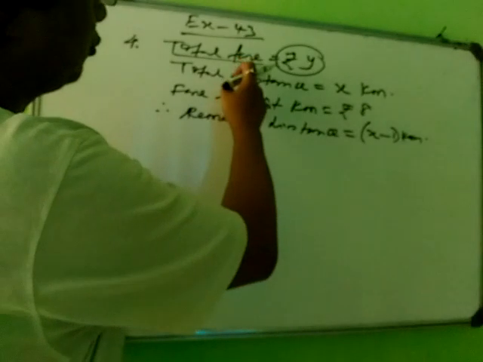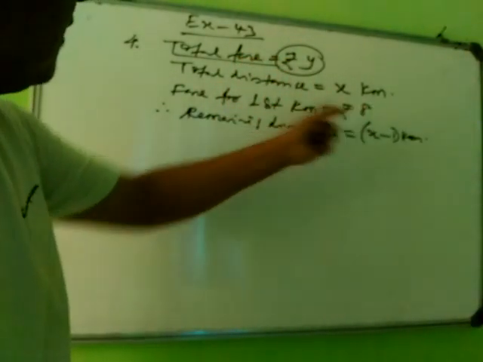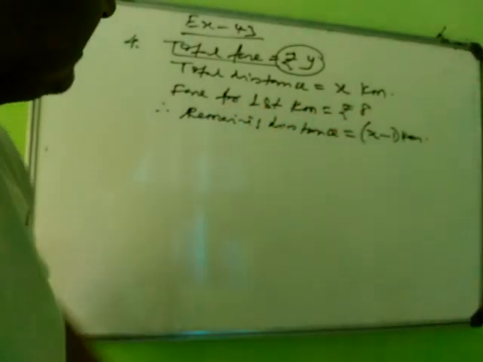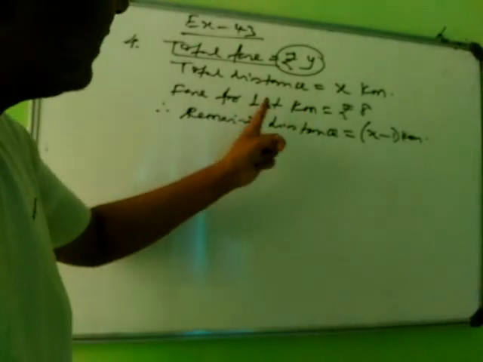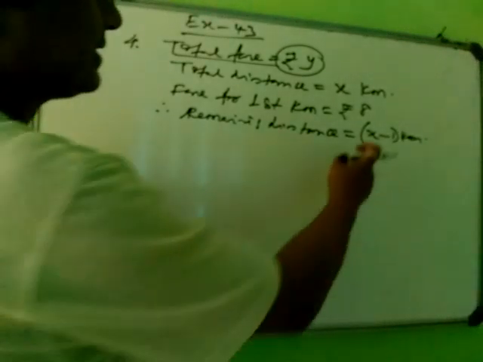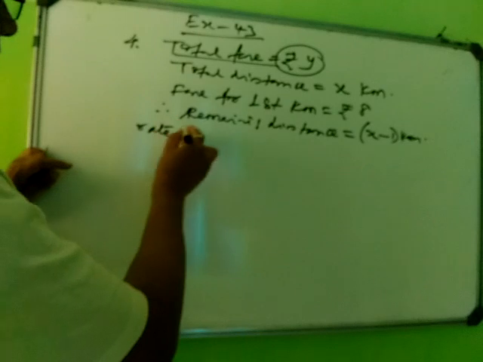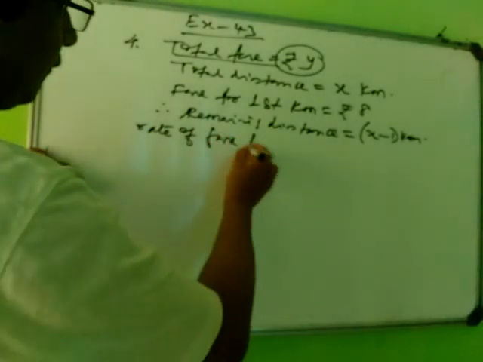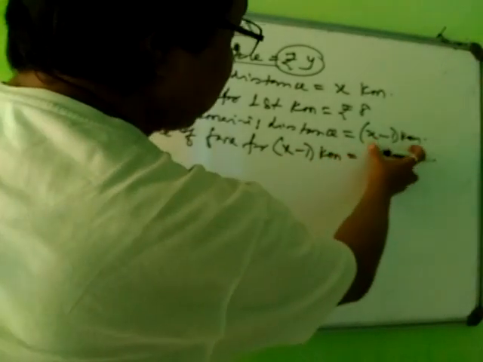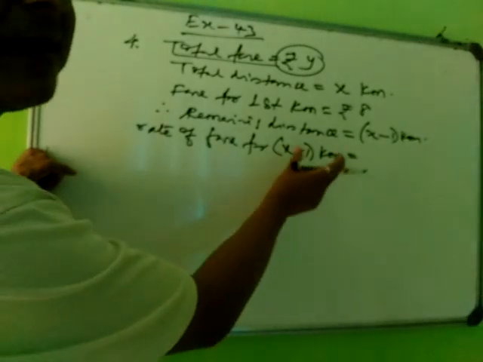So the total fare is given as ₹y, total distance x kilometer, fare for the first kilometer ₹8. After covering 1 kilometer, the remaining distance, that is the subsequent distance, is x minus 1 kilometer. Now the rate of fare for x minus 1 kilometer: how are they going to charge per kilometer?